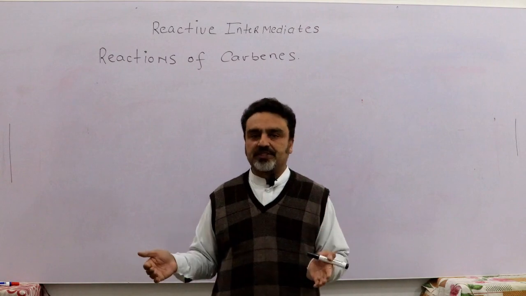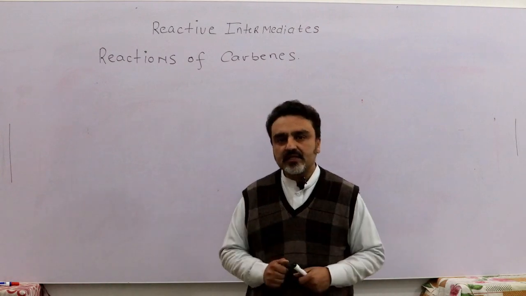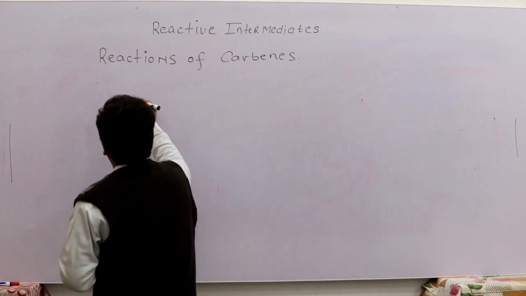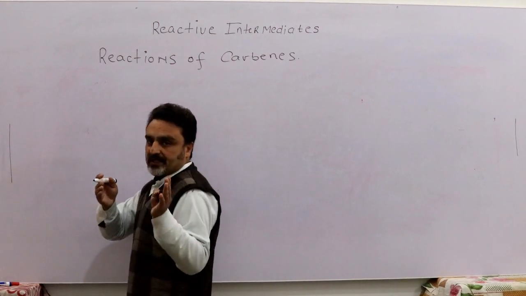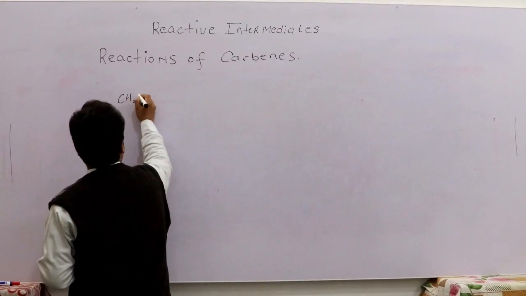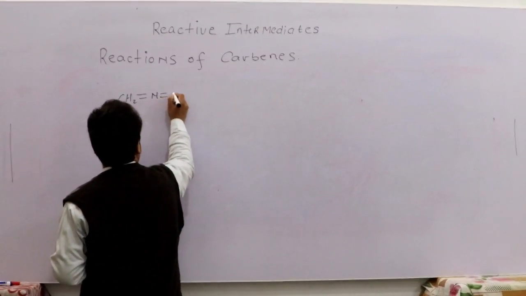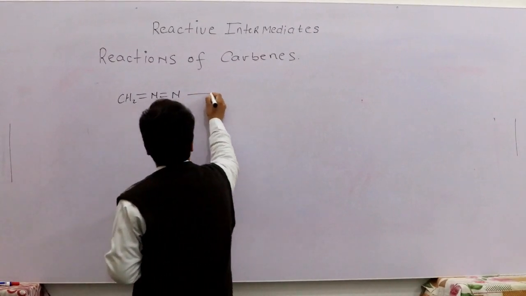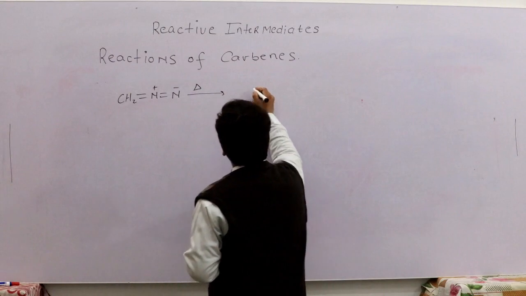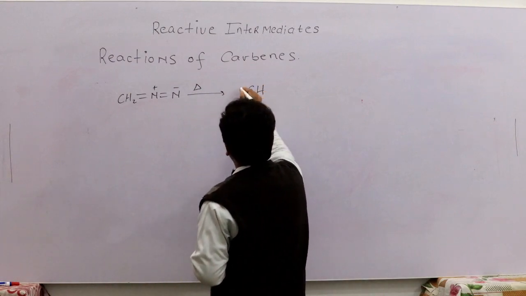It is not concerted because the triplet carbene is a diradical or biradical. Suppose, let me give you an example. Suppose this is CH2=N2, and this thing is heated, and it quickly produces a carbene.